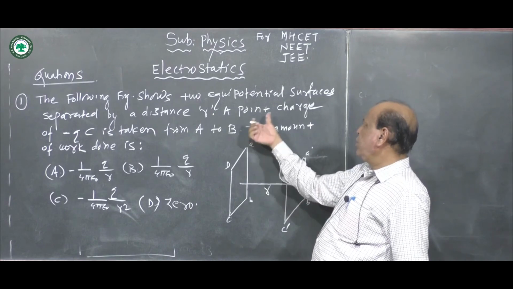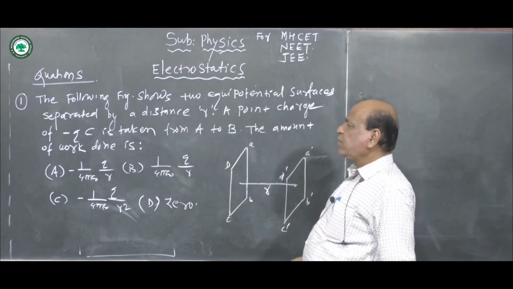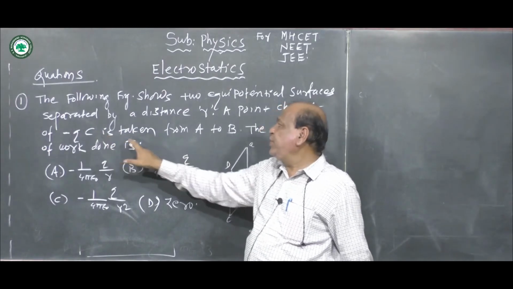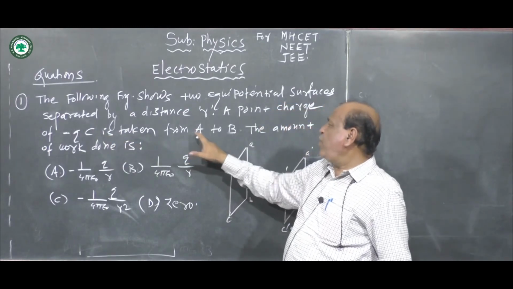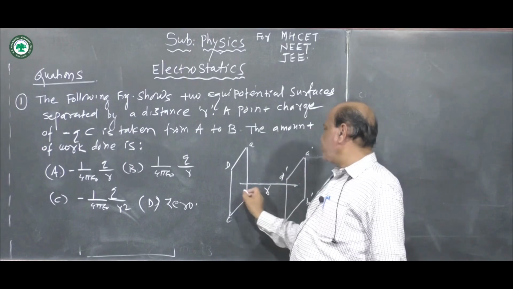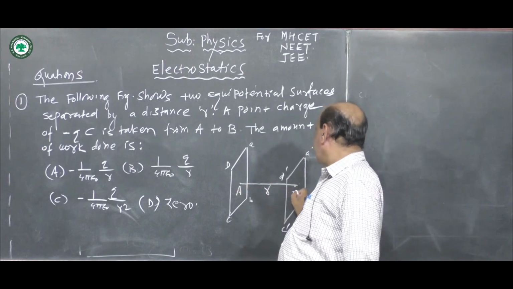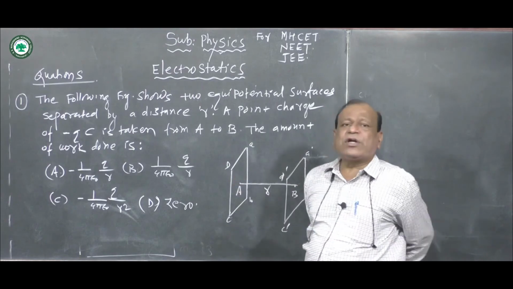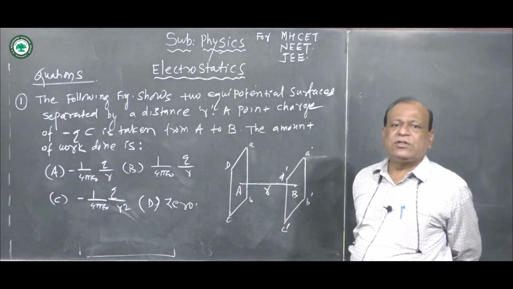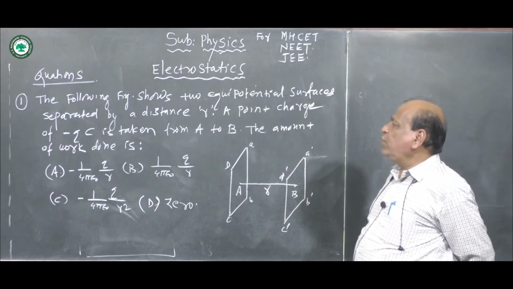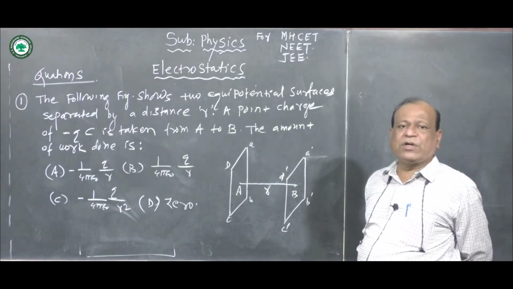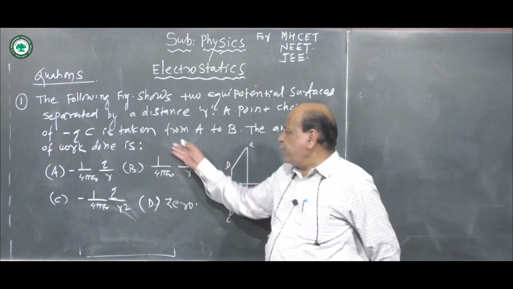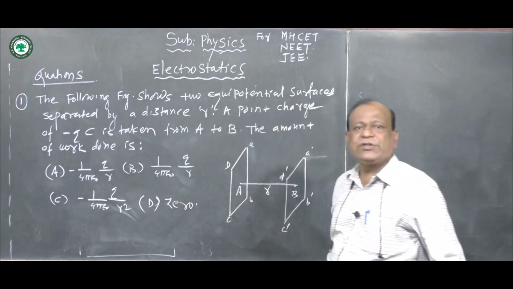A point charge minus q coulomb is taken from A to B. Suppose this is point A and this is point B. From point A to B, what is the value of that work done? Here options are given.